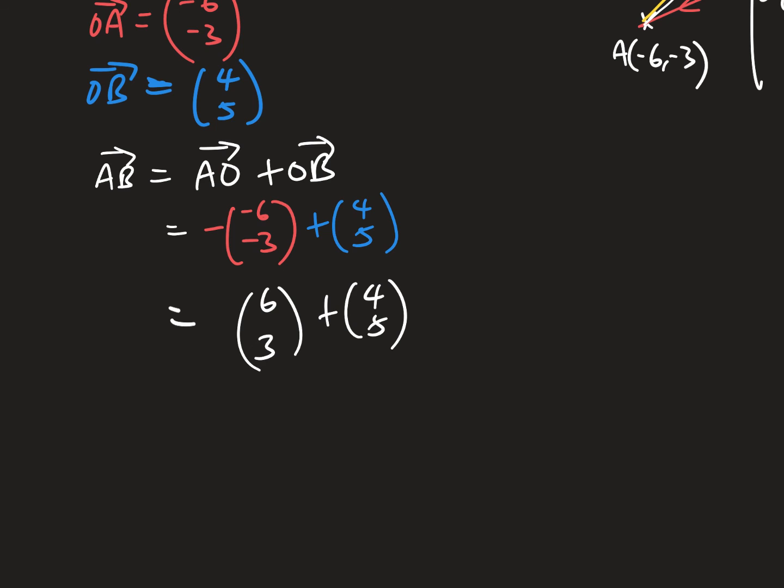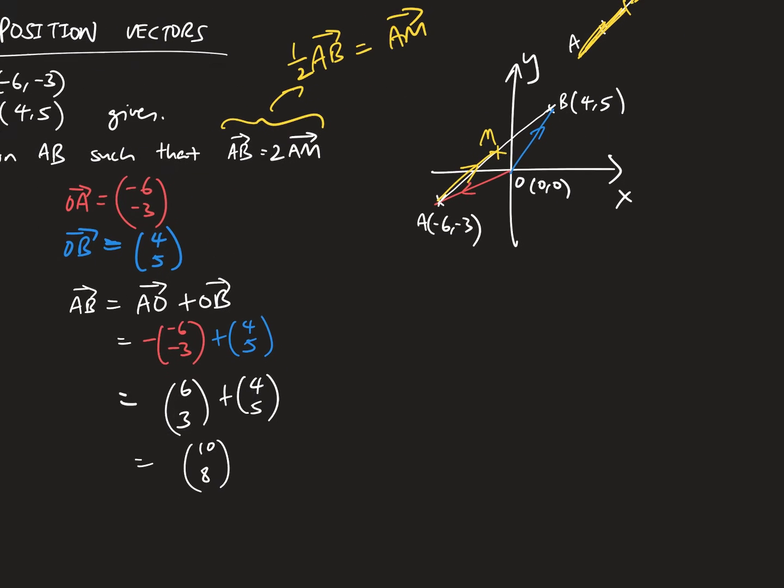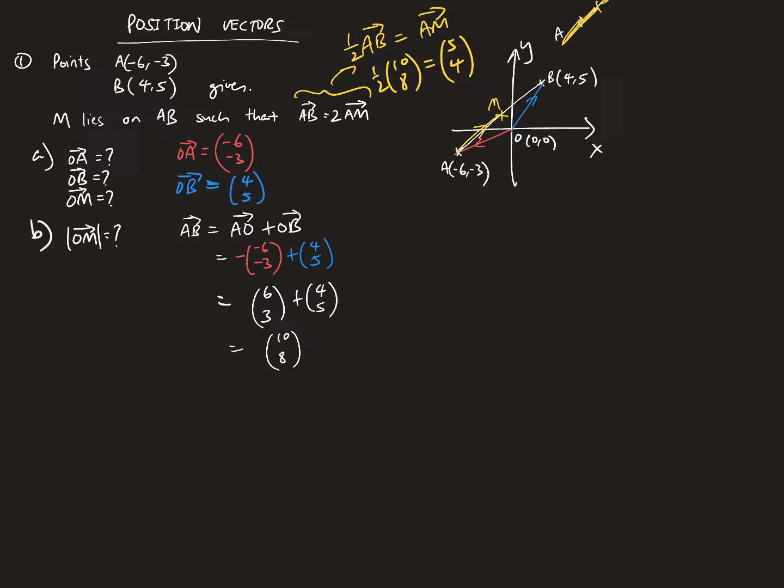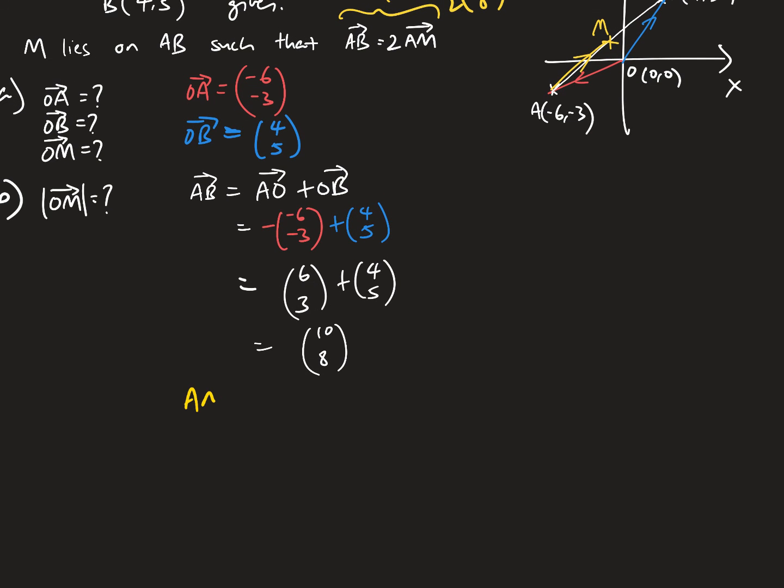And then this is 10, 8. So AB is 10, 8. And that tells me that AM is half of 10, 8. If I multiply the half in, that gives me 5 and 4. So AM is 5, 4.